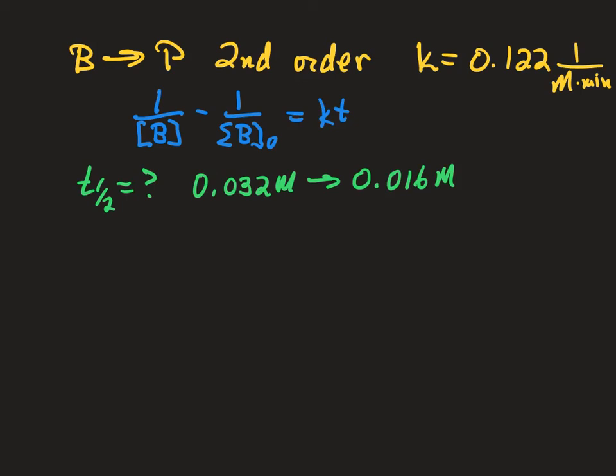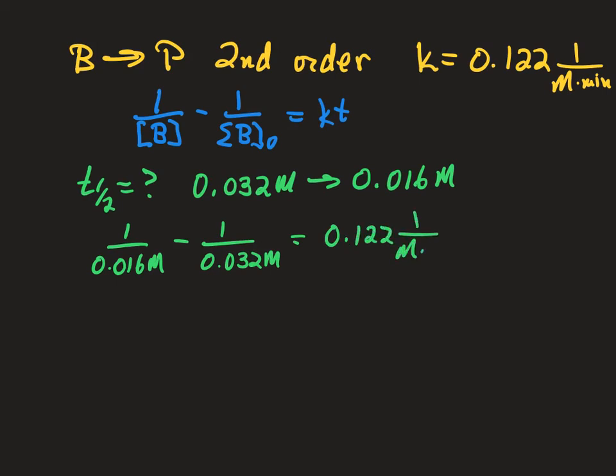So if we substitute those in, then you end up with 1 over 0.016 molar minus 1 over 0.032 molar is equal to 0.122 per molar per minute, and that's times our half-life time.